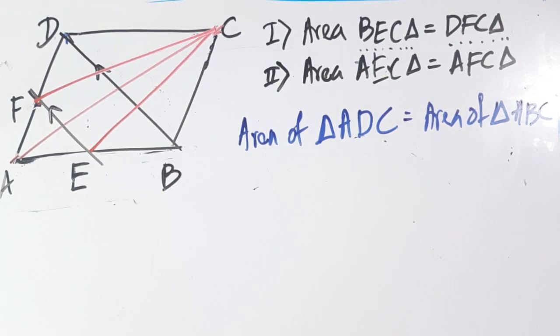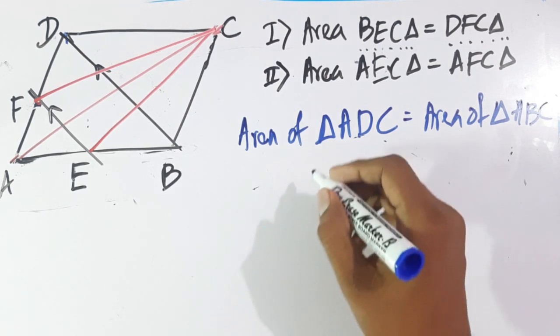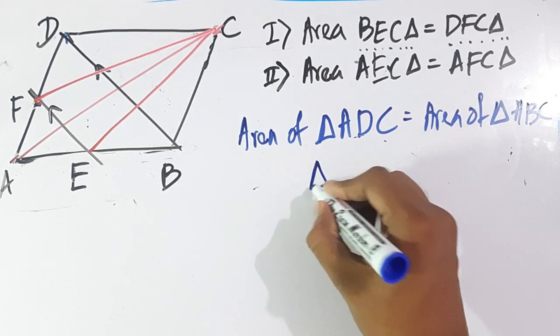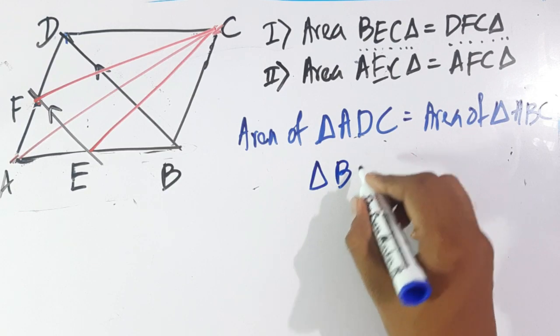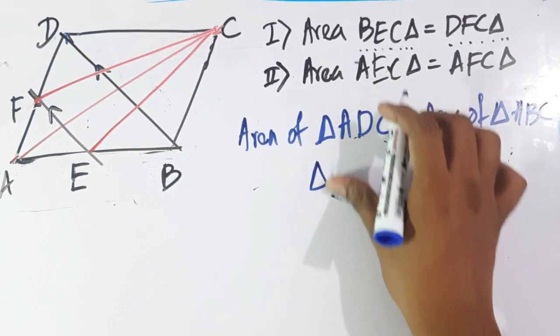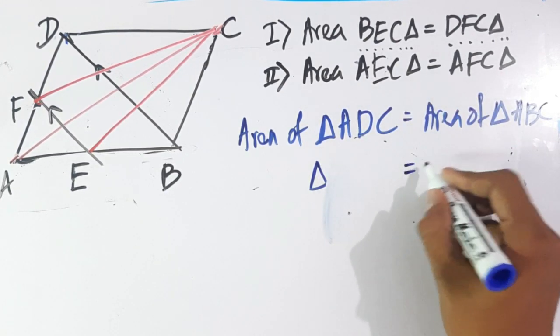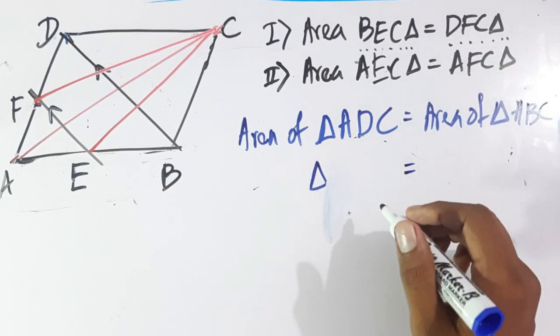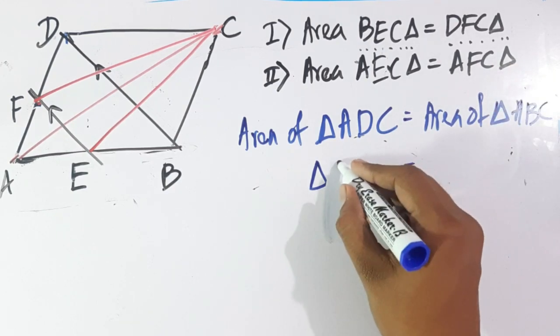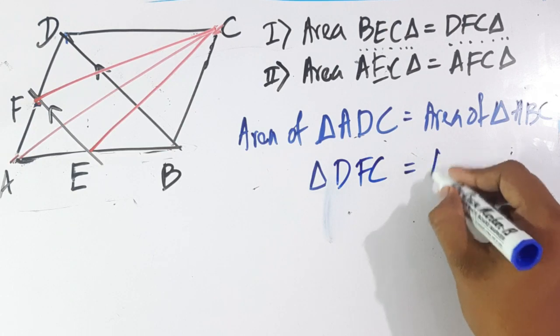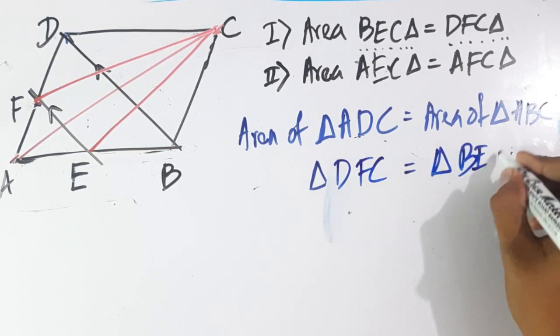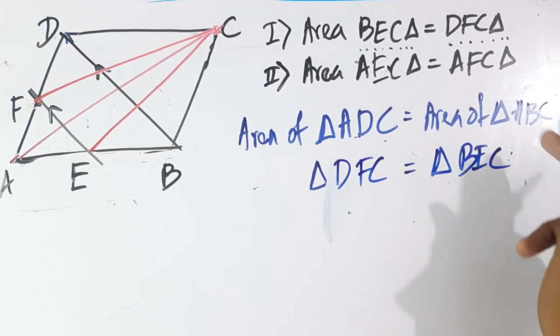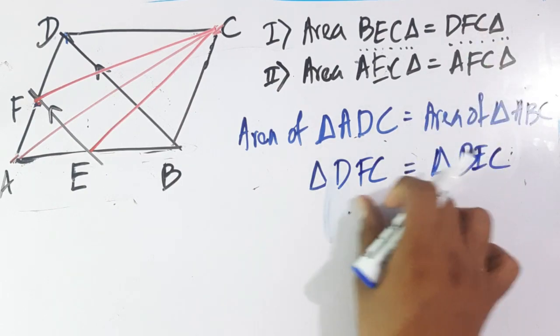Right. Now I know that those two are equal. And from the previous part of the lesson, we know that the area of triangle BEC is equal to area of triangle DFC. So I can say area of triangle DFC equals area of triangle BEC. For this one, the reason is proven because you proved it a little while ago.